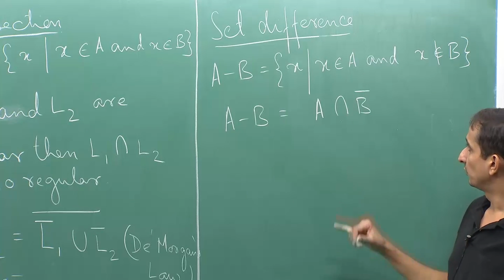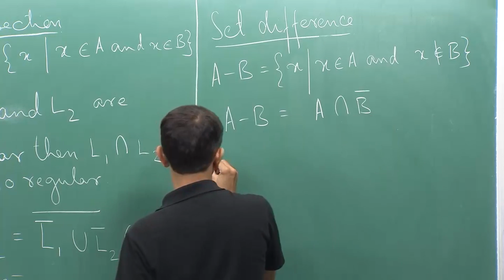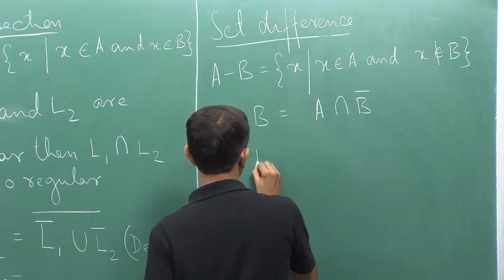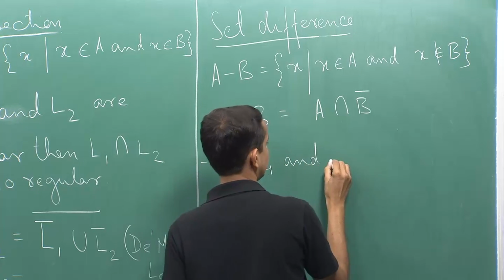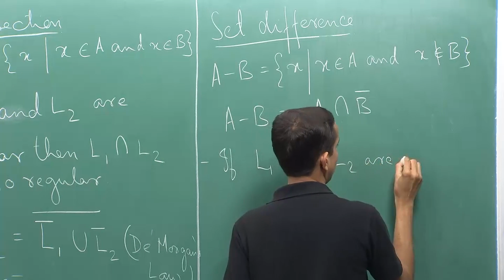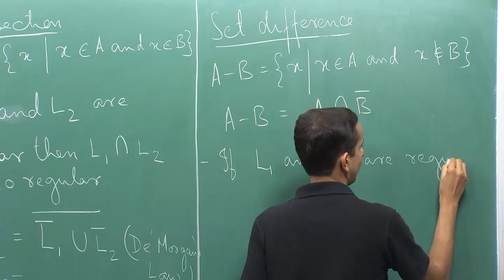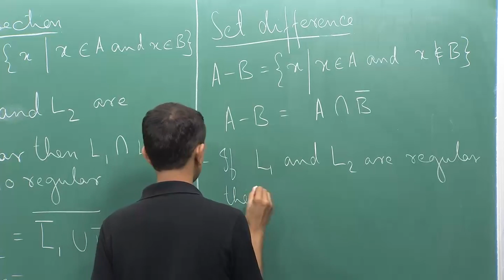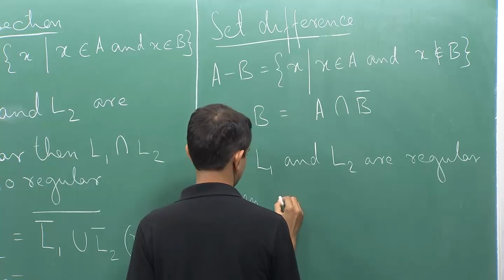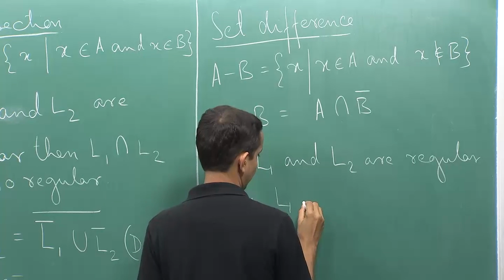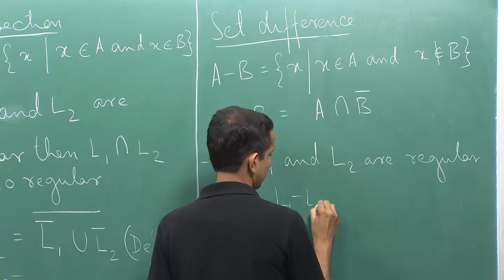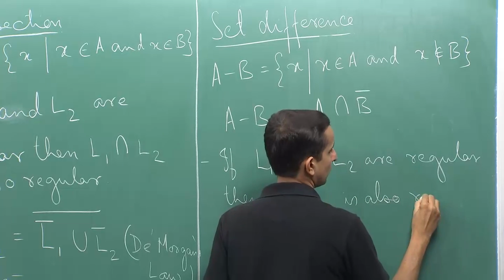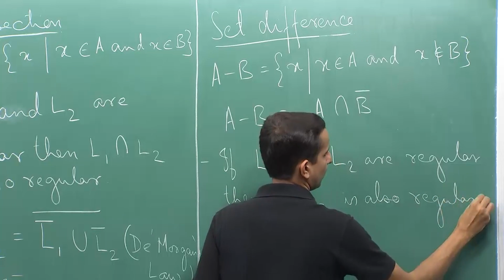Now, if L1 and L2 are regular, then L1 minus L2 is also regular.